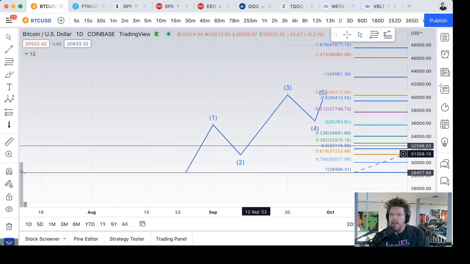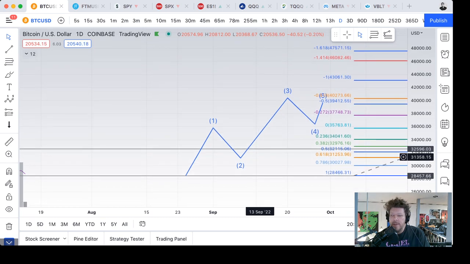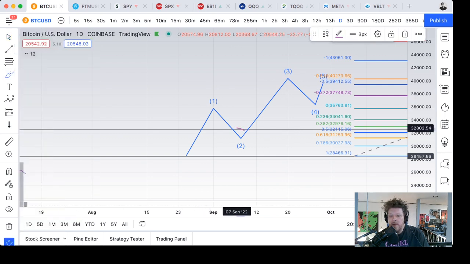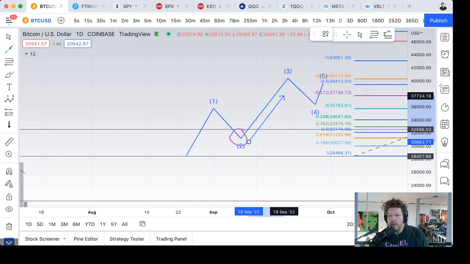So ideally, if I was to trade this, I would be looking to enter my trade off of the wave 2 and then capturing this move here. And I would look to take profit right at the 1.618.